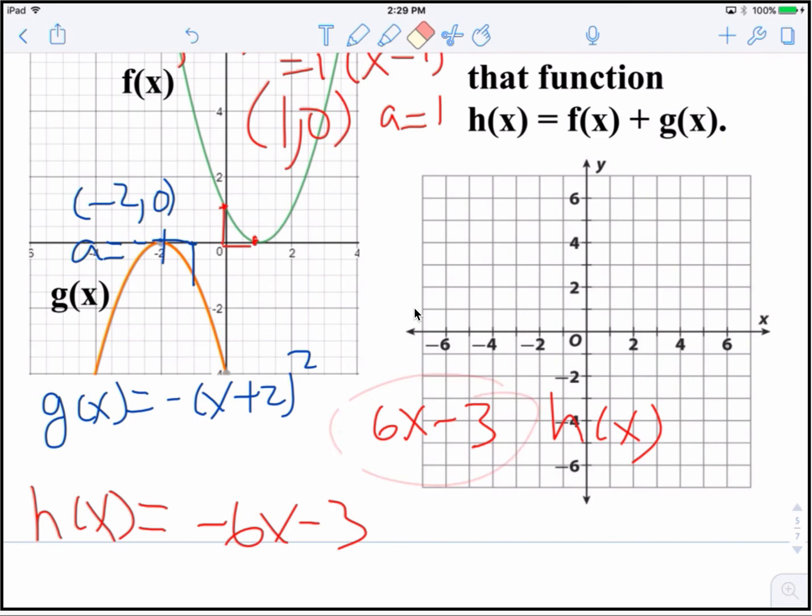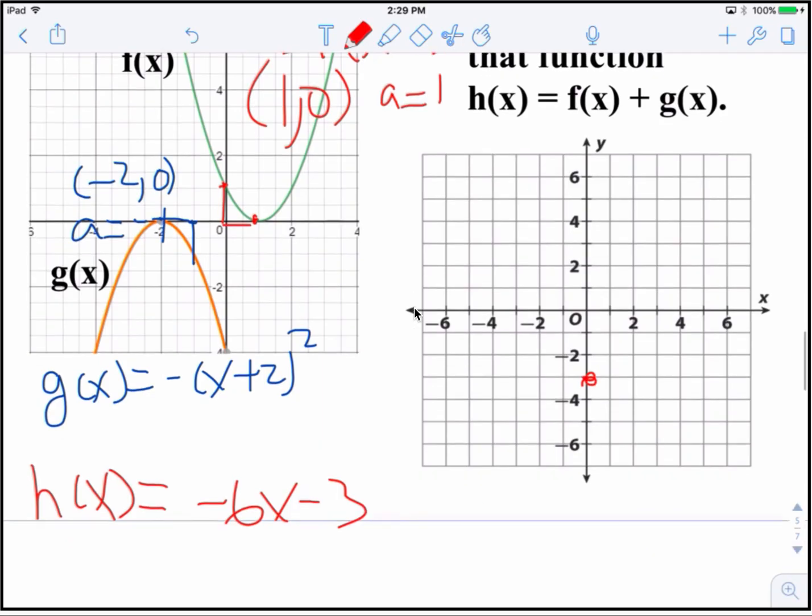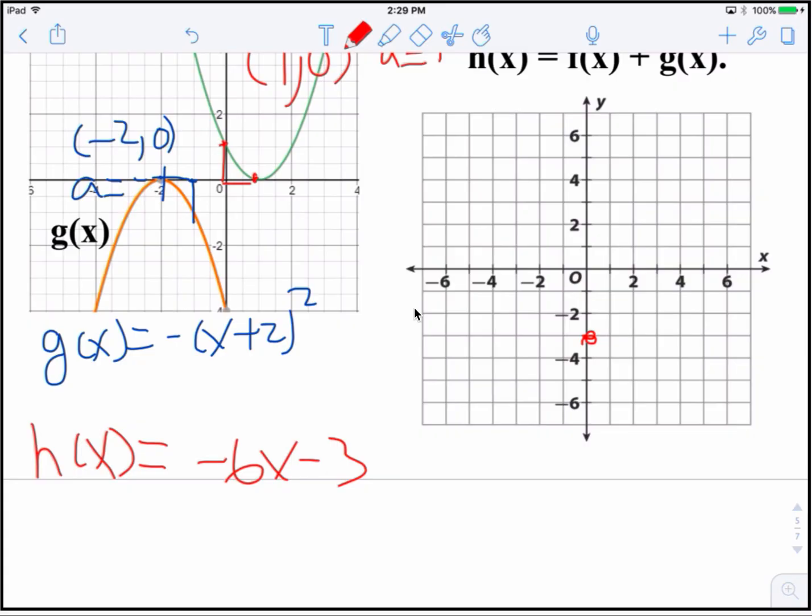To graph this, we start out with negative 3 as our y-intercept, and the slope is negative 6. We go down 6, but there's no space, so I'm going to rewrite our slope as 6 over -1. That means I'm going to go up 1, 2, 3, 4, 5, 6, and then go left 1. So this is our graph for h.